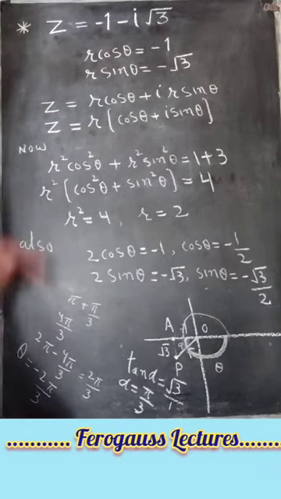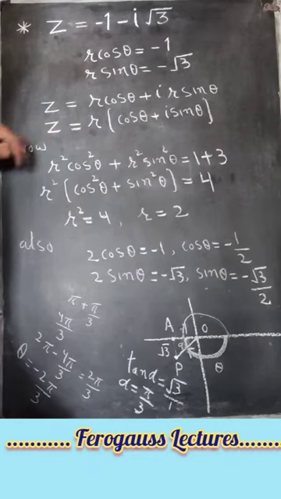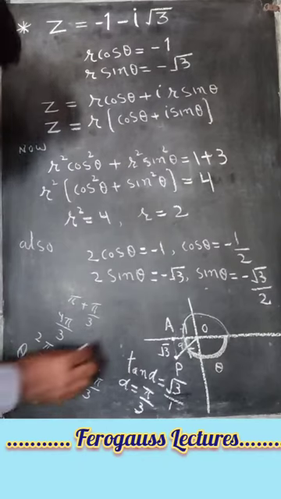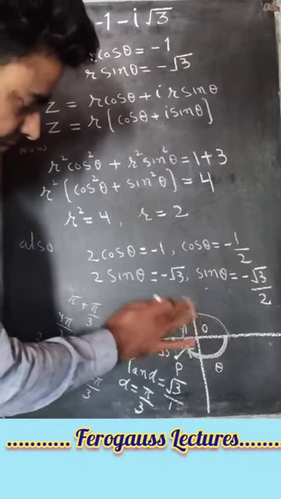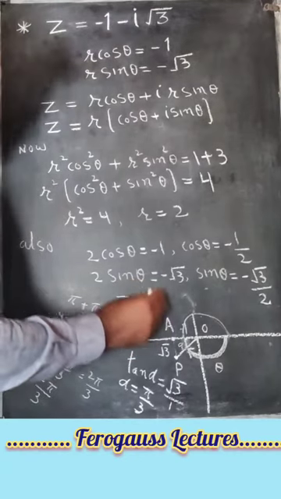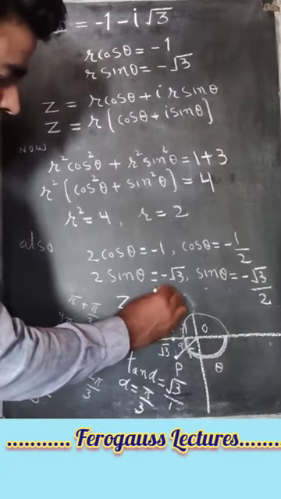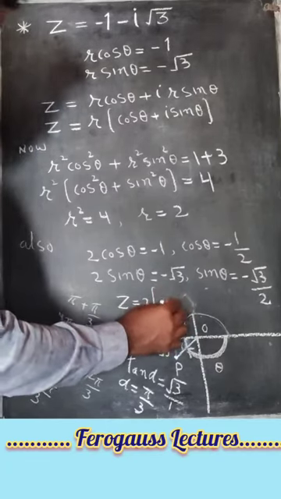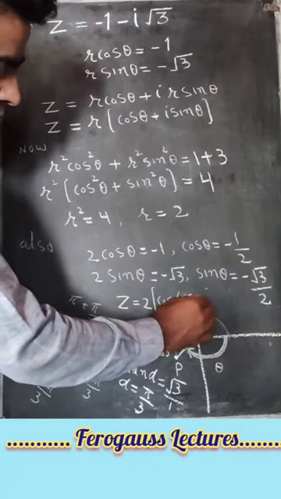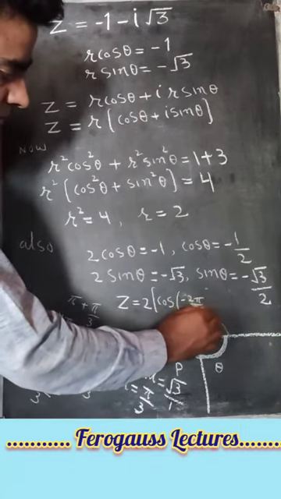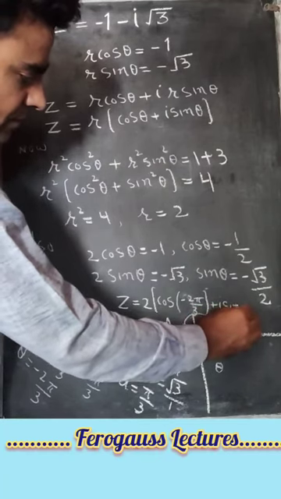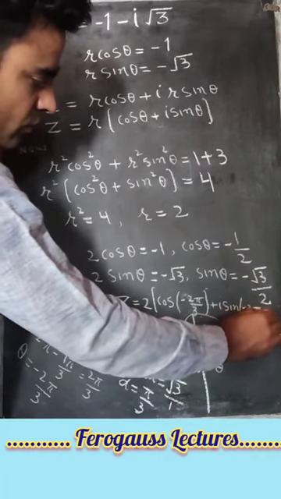So we use these two in this equation and we get z equal to, let's write it here, z is equal to, instead of r we have 2, and cos, instead of theta we have minus 2 pi by 3, plus iota sine minus 2 pi by 3.